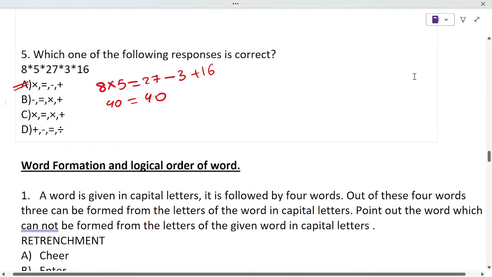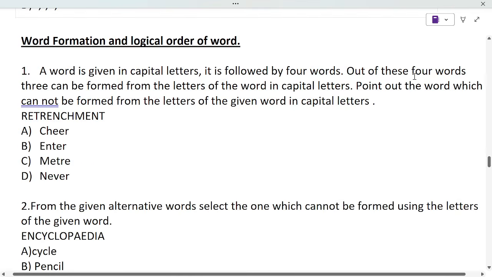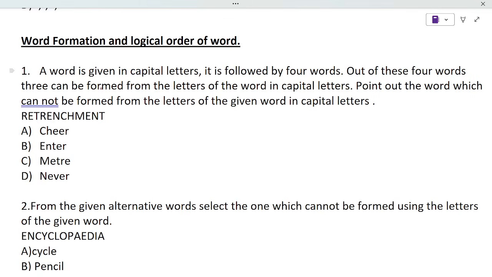Next one is word formation and logical order of words. They will give a word, and sometimes there will be one or two types. Let's try to understand this one. A word is given in capital letters, followed by four words.